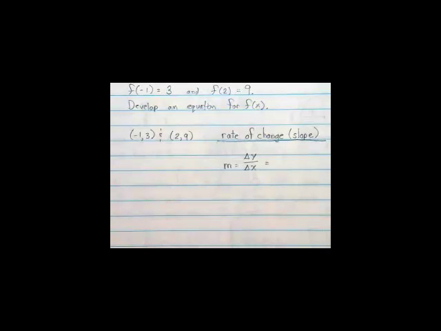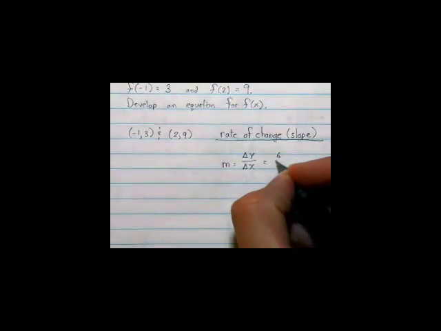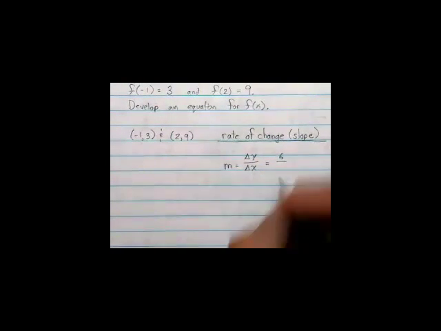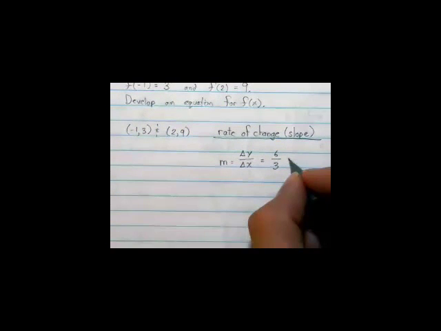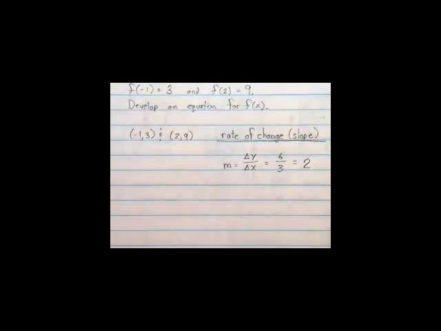My change in x, if I start at negative 1 and I count up to 2, what's the change? 3. Okay? So, I think it's easier to do it that way, but you can just subtract the two numbers and you got it. So, but in any event, the change in y is 6. The change in the x is 3. So what's our slope? 2.